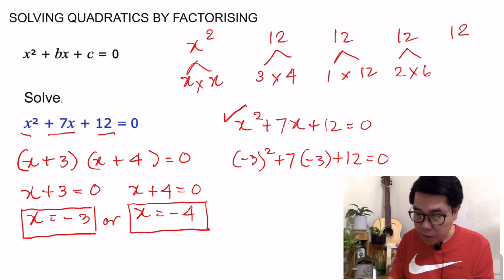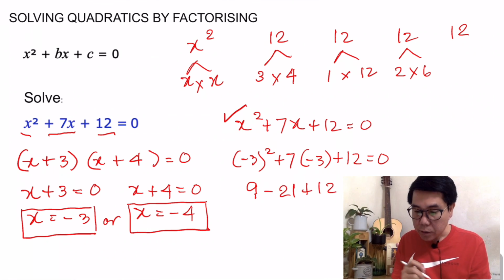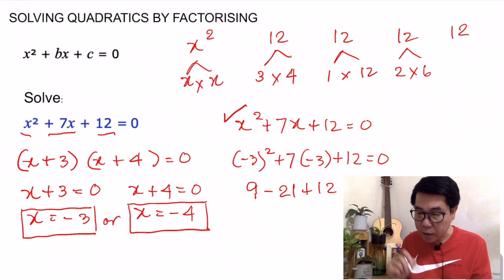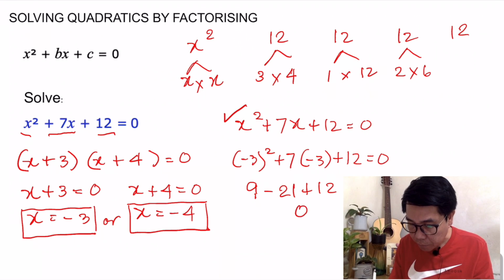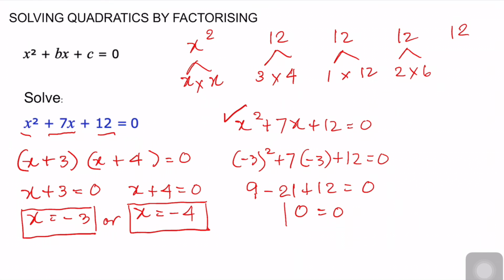Negative 3 squared is 9, positive 7 times negative 3 is negative 21, plus 12 equals 0. So 9 minus 21 is negative 12, plus 12 is 0, so that is equal to 0. So it is correct.